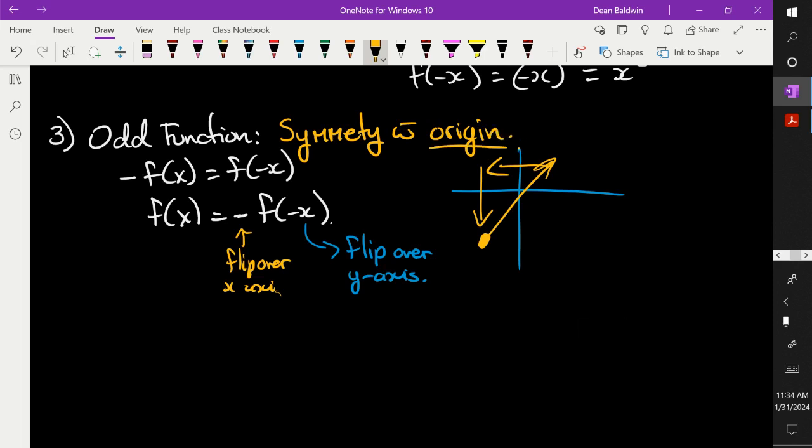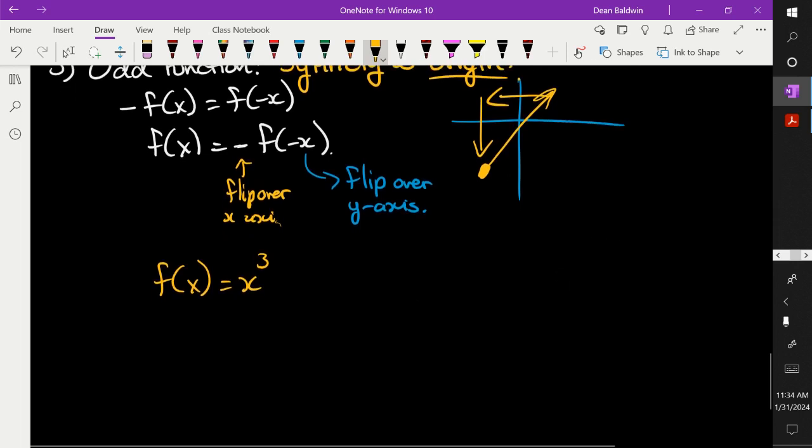Can anybody actually think of an example? We're not doing the trick yet. What about this? f of x is equal to x cubed. Does anybody know what that graph looks like? Well, let's just do the math and then we'll look at the graph.